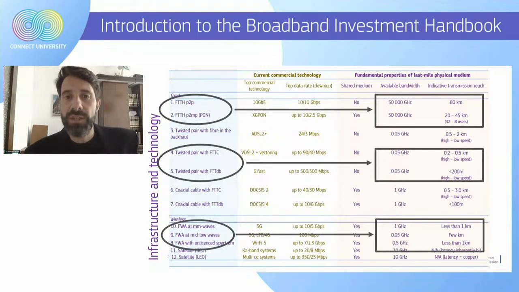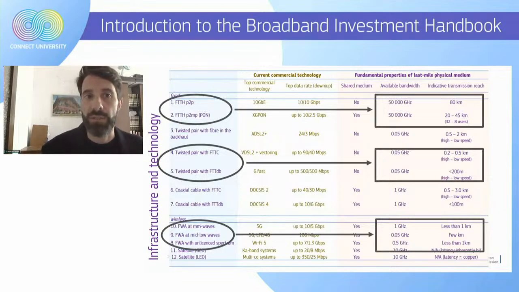And there are different fundamental properties of these choices. So the technology can progress and be improved, but within what is physically possible. So this is also important to understand why it is important to know what the implications are when you choose to deploy one infrastructure versus another. Because yes, the technology does evolve, but it still has to run over the infrastructure that exists.